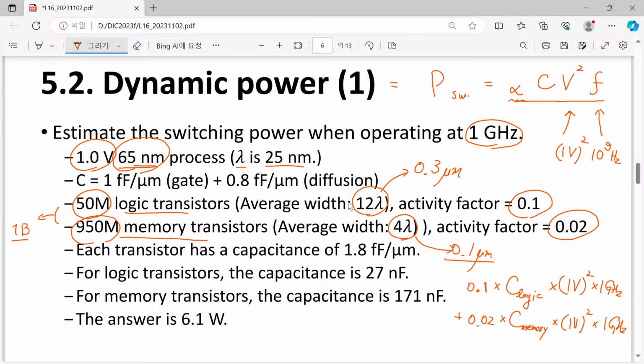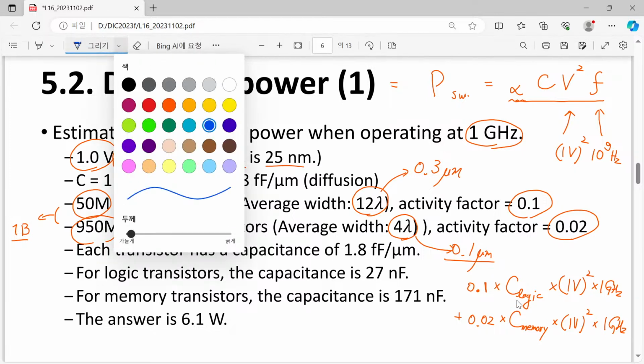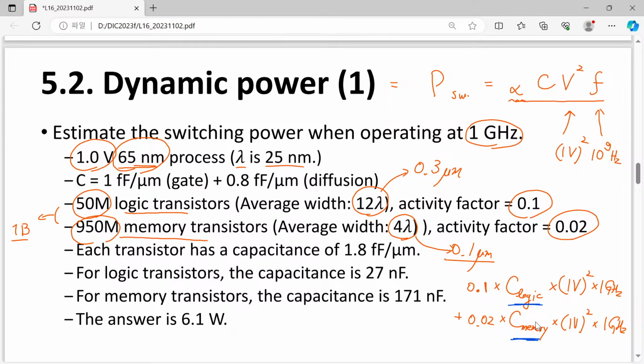So then how can we estimate this capacitance? Of course, we may have a good way to estimate these capacitances, because we know every device has its own contribution. But on average, let's say that every device has a 0.3 micrometer long gate, and for each unit gate length, say that 1.8 femtofarad is contributed.